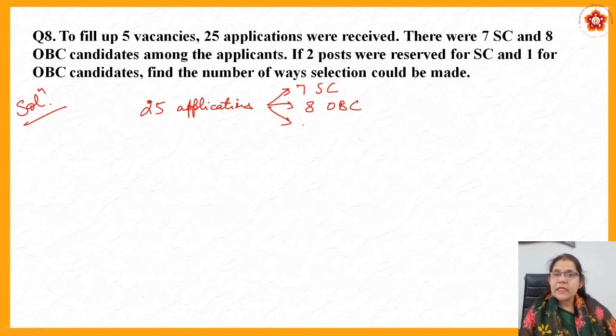So 7 plus 8 is 15, and what is left out of 25? So 10 applications are left. So maybe these are general candidates.